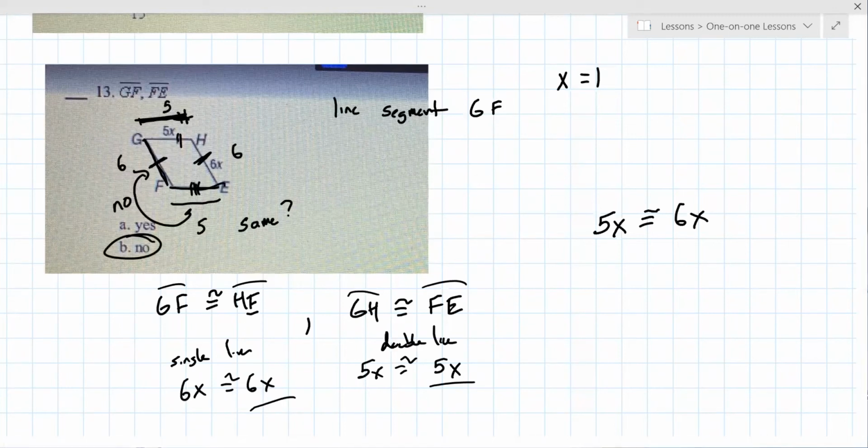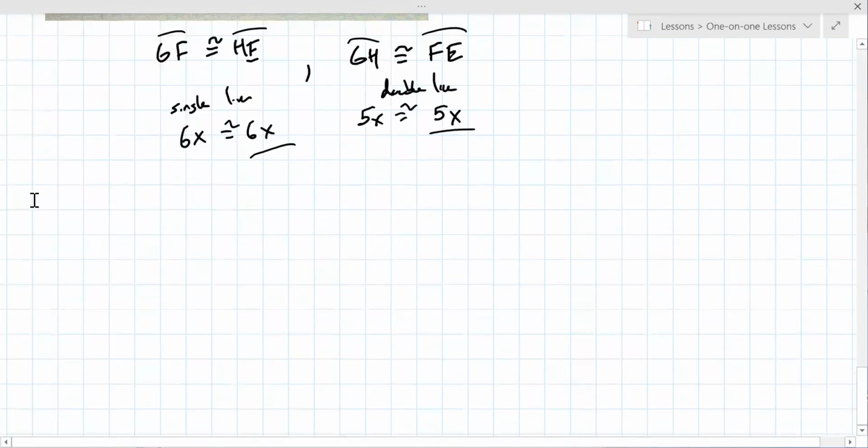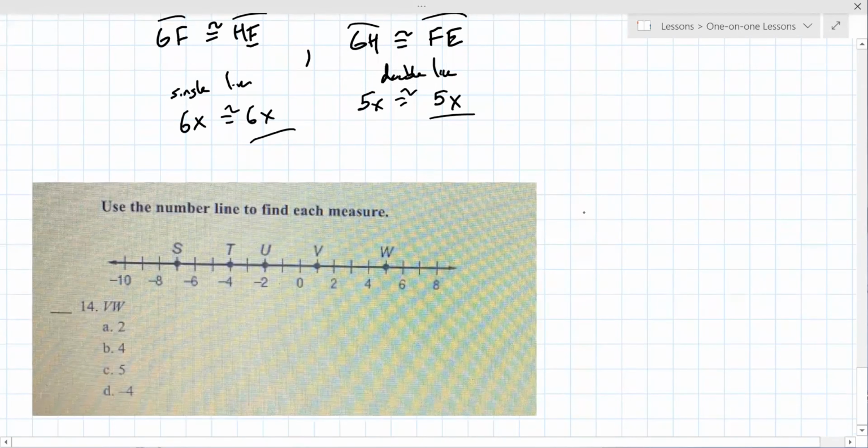So 14 is asking to find each measure. Okay, measure. There's an important distinction in this class where sometimes you're asked to find the measure of something, and measure means the length.